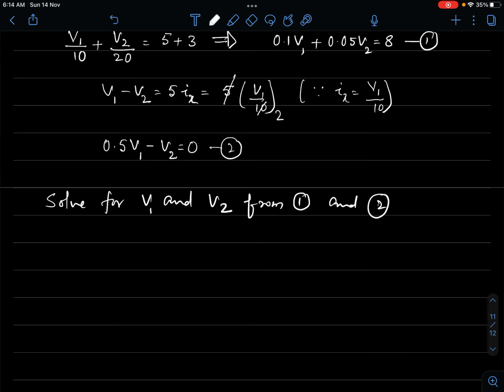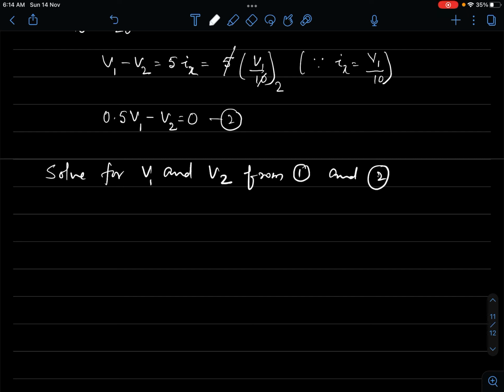Whichever method you use, you can solve for V1 and V2. I will not go into the elaborate calculation. So I will get V1 to be 64 volts, and you will get V2 to be 32 volts. Okay. These are the values.